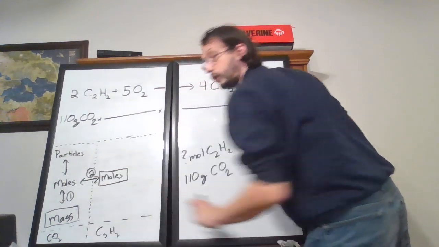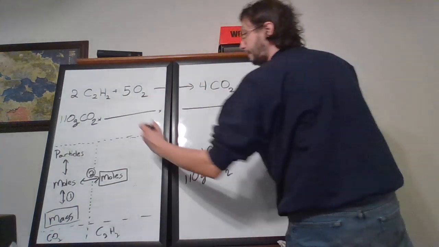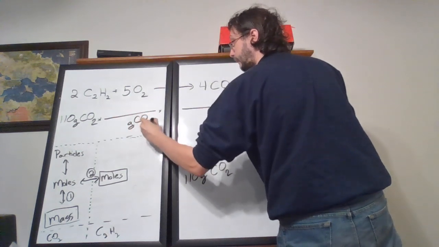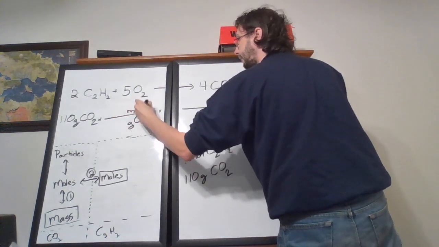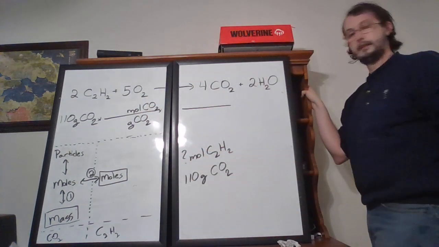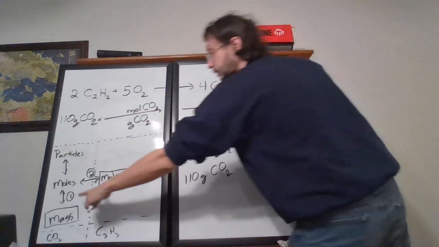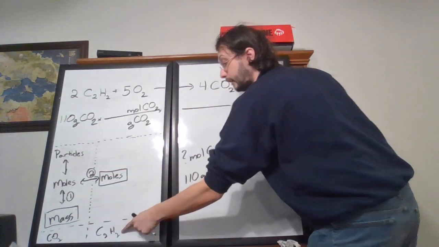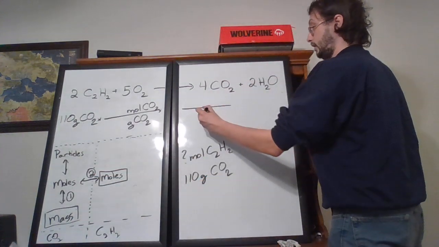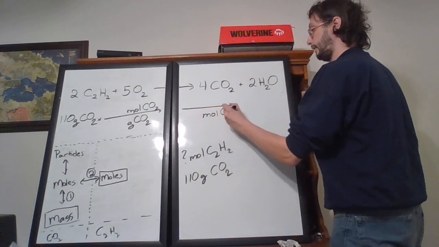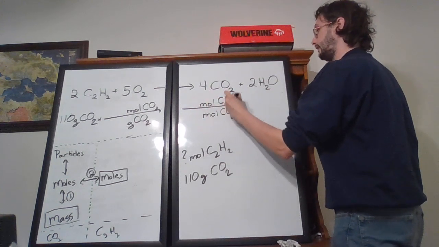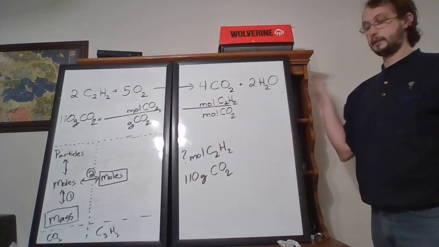All the things on this side are carbon dioxide. So that means it's the mass of carbon dioxide on the bottom, because we want that to cancel out, and moles of carbon dioxide on top. Our second conversion factor takes us from moles of carbon dioxide over to moles of C2H2, acetylene. So we'll put moles of carbon dioxide on the bottom and moles of C2H2 on top.